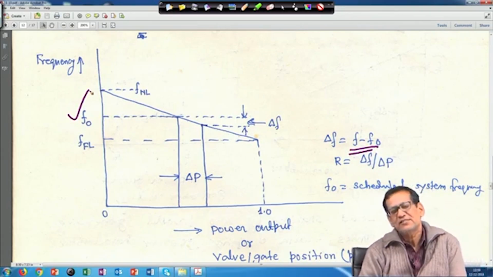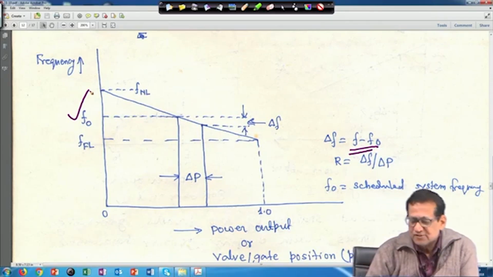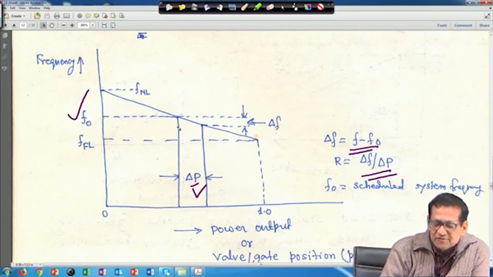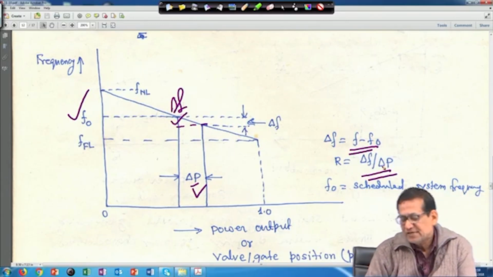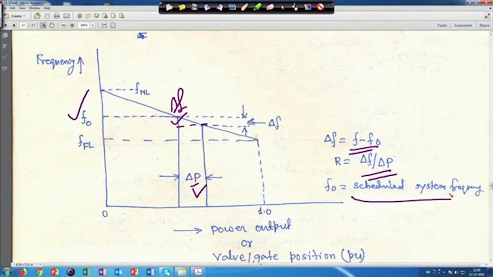If it is a 50 hertz system it will be 50 hertz, and if it is a 60 hertz system it will be 60 hertz. The slope R will be delta f upon delta P. This difference is delta P and this is delta f. So R is equal to delta f upon delta P. Sometimes we call f0 the scheduled system frequency or nominal system frequency.